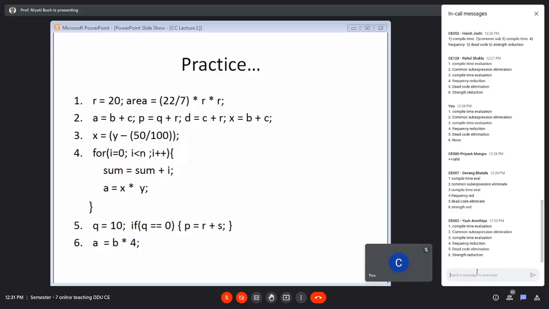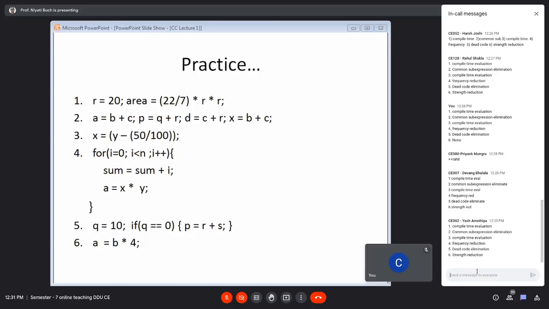Both the operands are constant, so the operation will result into a constant value, so that can be evaluated at compile time. So 22 divided by 7 gets evaluated at compile time. All of you have correctly identified that for the first one, the optimization transformation that can happen is compile time evaluation.